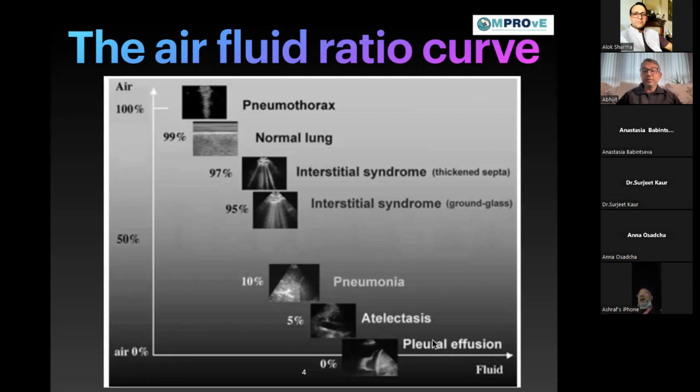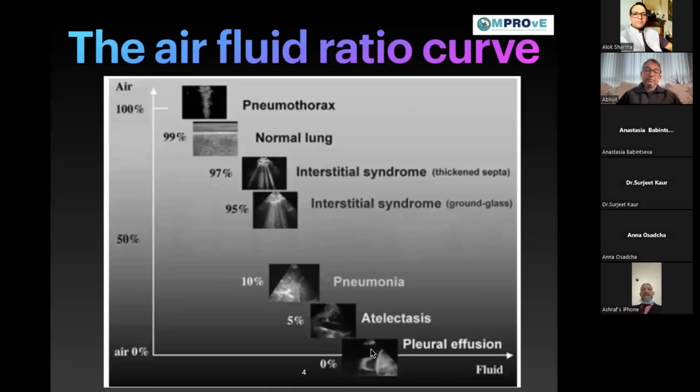So a baby having fluids in all the parts of the body, or it can be the pleural effusion. You end up getting almost fluid around the lung, absolutely fluid around the lung, and that gives you 0% air there. It's all replaced with fluid.